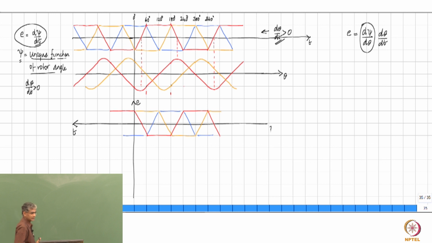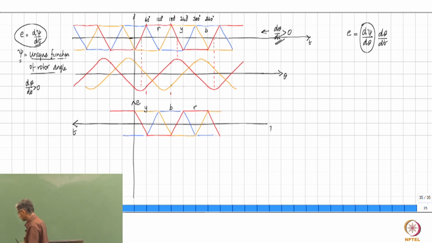And what we notice is that if you are going to have the induced EMF greater than 0 for R phase, that is followed by the induced EMF becoming greater than 0 for Y, and then it is B. Whereas now what you have is R phase is high followed by B followed by Y. Right? So the sequence in which you encounter greater than 0 induced EMFs now has reversed because you are rotating in the opposite direction.